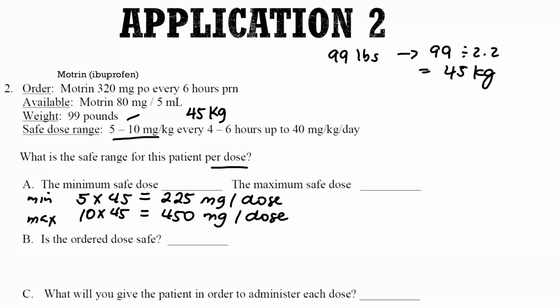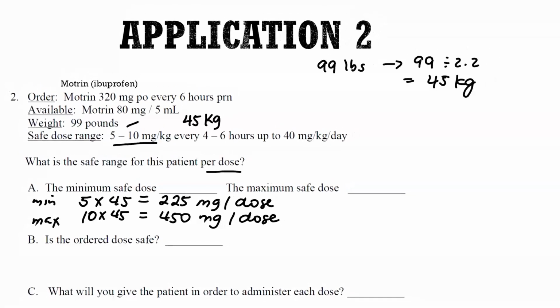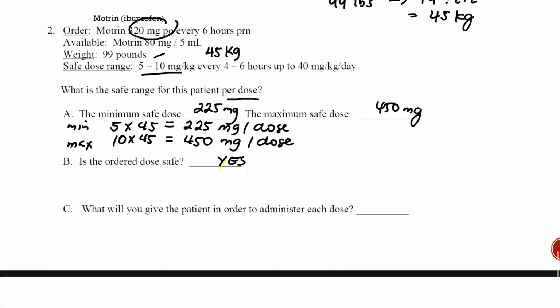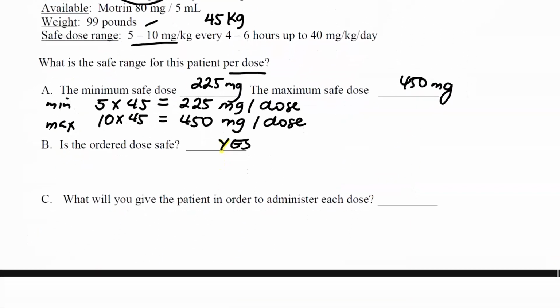So, is the ordered dose safe? That's the question. Our ordered dose is 320 milligrams PO. Does it fall in between 225 milligrams and 450? Yes, it does, right? Therefore, this is a safe dose.